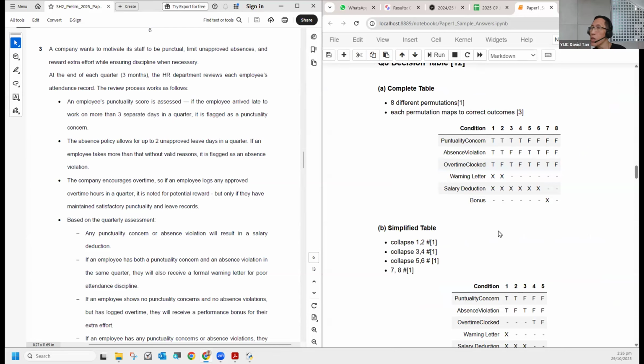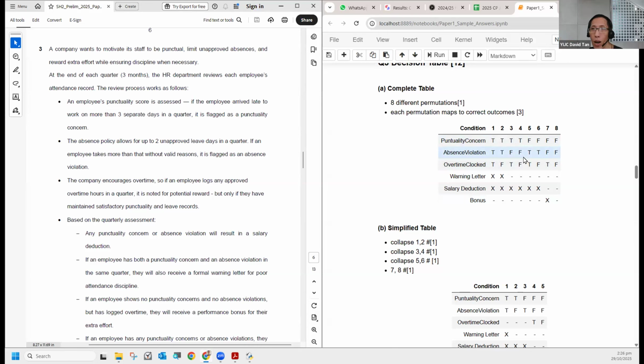The reason why: if you have only 2 conditions, then there are only 4 possibilities, which is a little bit too little. If you have 3 conditions, there is 2 to the power of 3, which is 8, and then you see this kind of table.